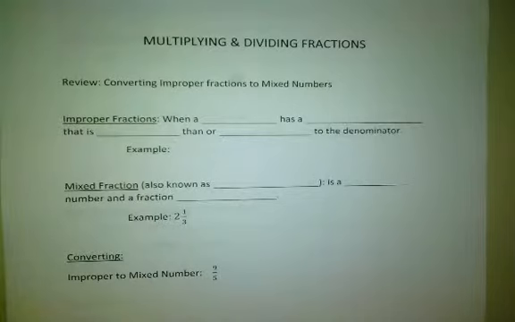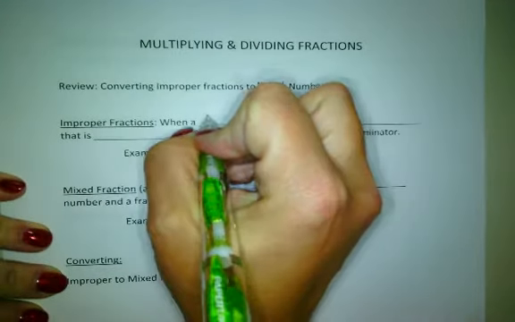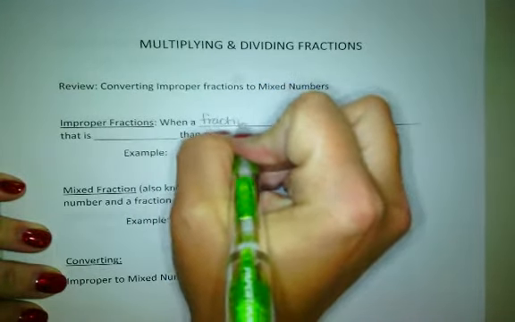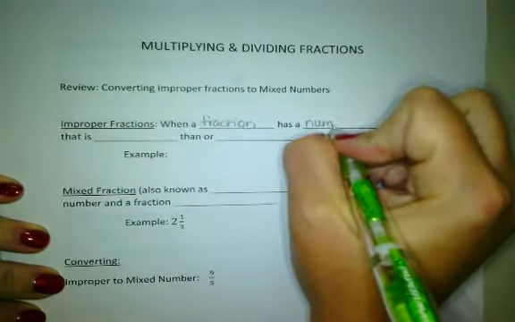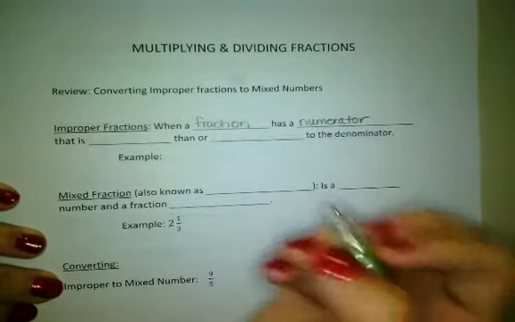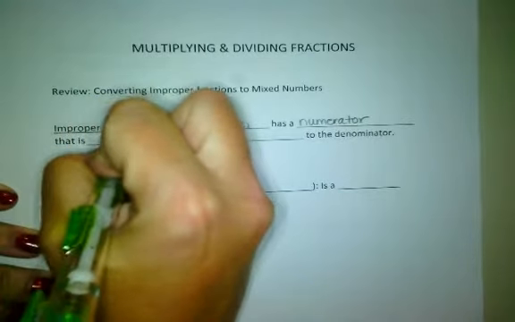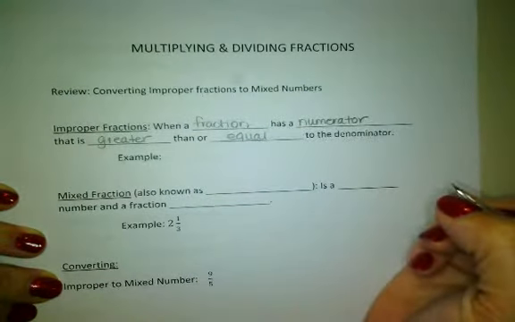Okay? So let's begin with converting improper fractions to mixed numbers. Well, let's start with what is an improper fraction. An improper fraction is when a fraction has a numerator that is greater than or equal to the denominator.